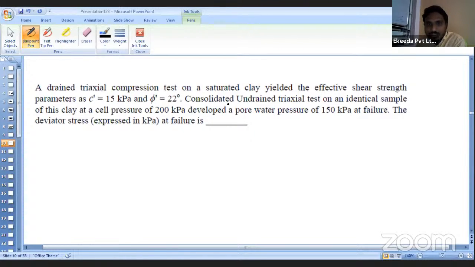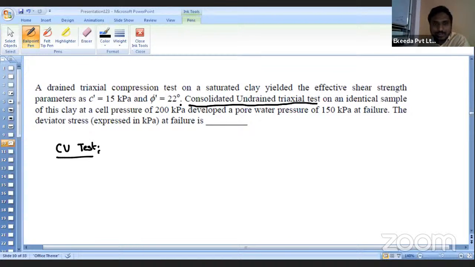And consolidated, what is the experiment? Consolidated undrained triaxial test. That means here we are conducting the CU test on an identical sample of this clay at a cell pressure of 200 kilopascal, which developed a pore water pressure of 150 kilopascal at failure.